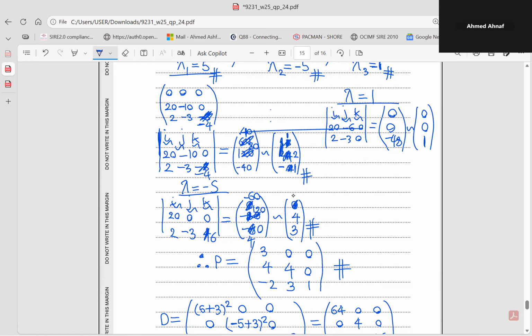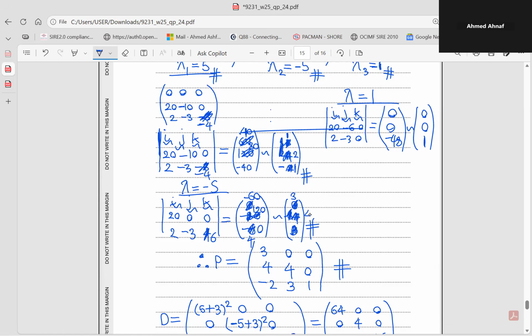So therefore, this is 3, 6, and wait, this is 3.